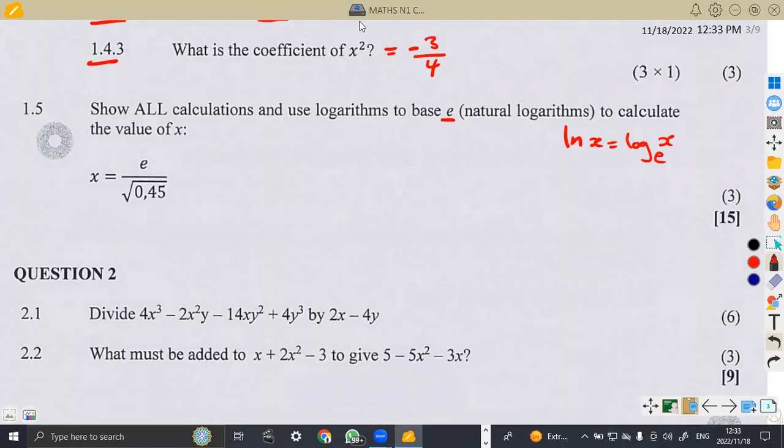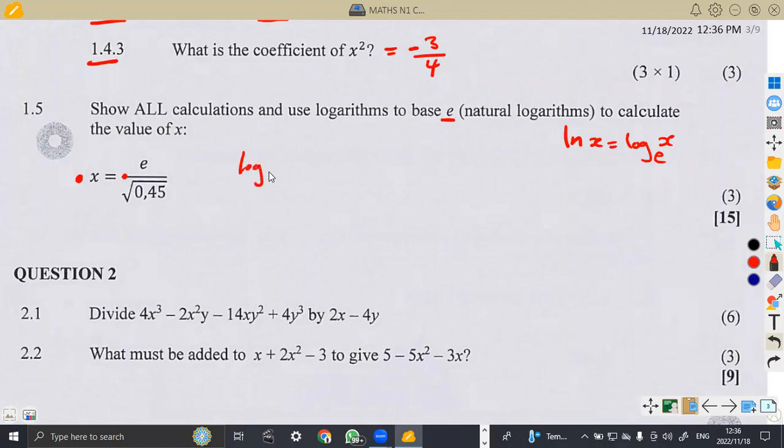So let us try to apply this information. This allows you to use either of these two. What I'm going to do here is introduce our log, just like we are being told to do. The moment you introduce log, it also affects this side.